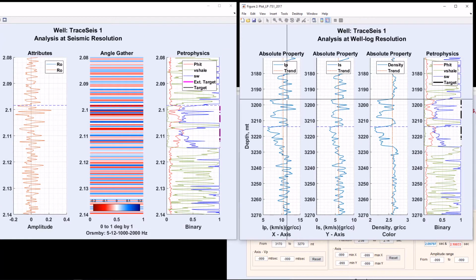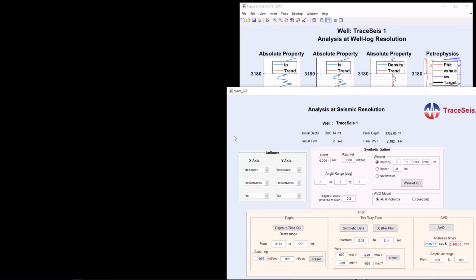This would be a decrease in impedance going to a red, increase in impedance still going to a blue, decrease in impedance going to a red. So at 1000 to 2000 Hz we still have the detail in the reservoir. Let's now go to 100 to 150 Hz, and display the synthetic data.